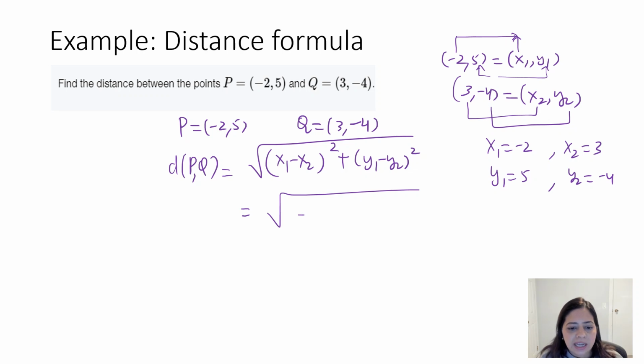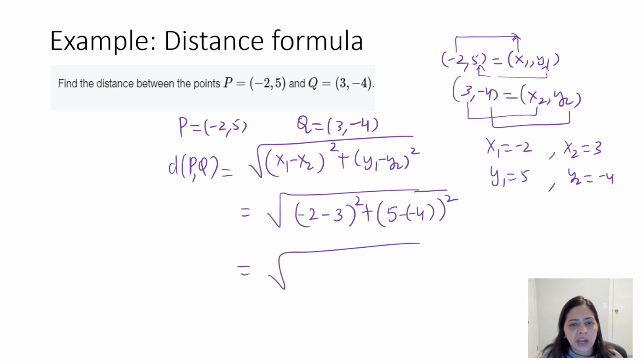So x1 is negative 2 minus x2, that's 3, and y1 is 5, y2 is negative 4, square of that. Now negative 2 minus 3, that's negative 5. Square of that is positive 25. And this is 5 plus 4, because minus minus becomes plus, 5 plus 4 becomes 9. 9 squared is 81.